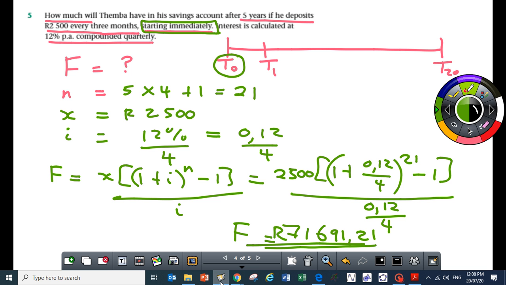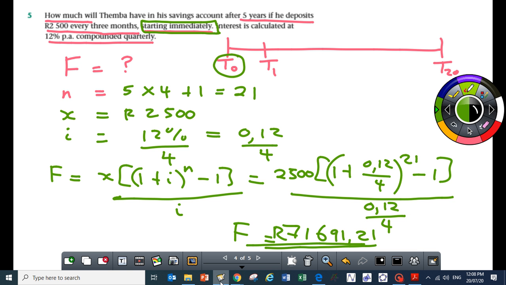Alright? So I'm sure you can see that this is not very challenging. The most important thing that you need to remember regarding financial maths grade 12, as you shall see later, because there are different types of questions that we are going to talk about, is that you need to understand what the question wants.